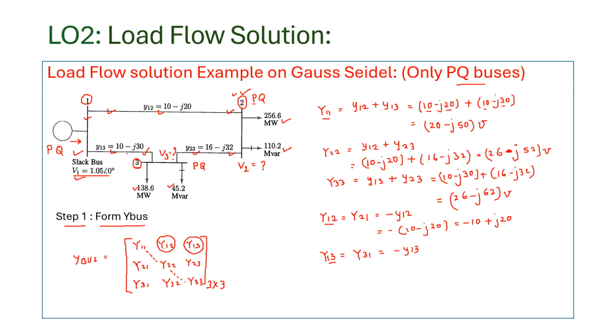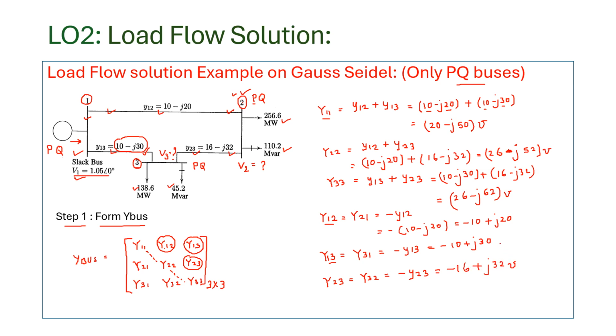Between 1 and 3 this is the admittance connected, so it is minus 10 plus J30. Then the last element is Y23, and because of symmetry it is equal to Y32, which is equal to the negative of the admittance of the transmission line connected between 2 and 3. Between 2 and 3 the admittance is 16 minus J32, so it is minus 16 plus J32.